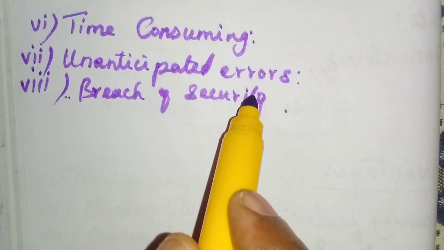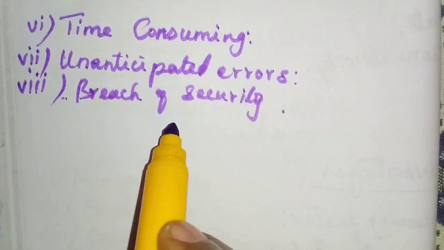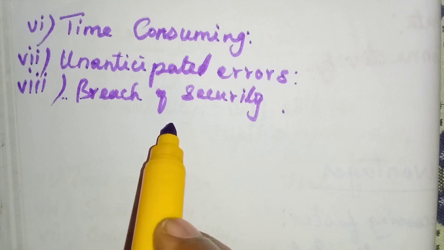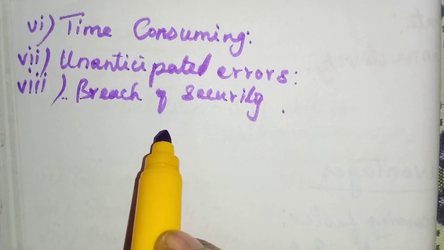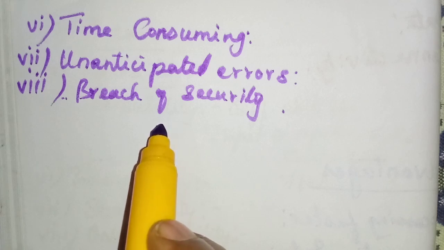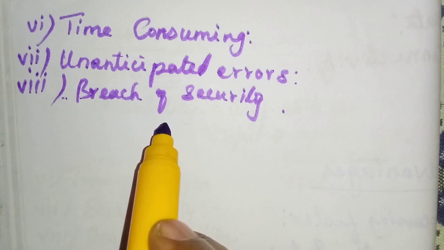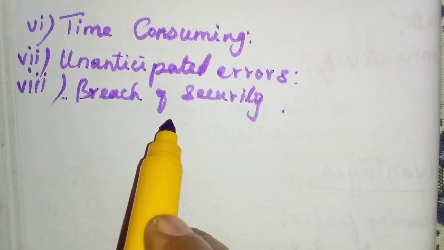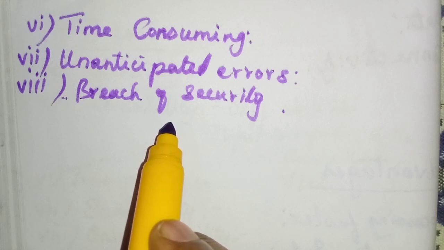Still, in the computer also, a breach of security can happen because the person who inserts the program can commit fraud. Okay, so he knows how to open that particular document. So breach of security is also there.